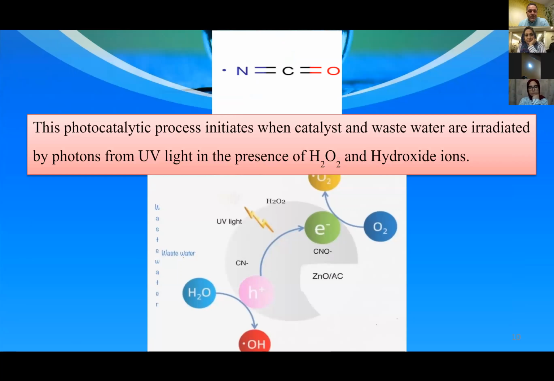This photocatalytic process initiates when catalyst and wastewater are irradiated by photons from UV light in the presence of hydrogen peroxide and hydroxide ions.